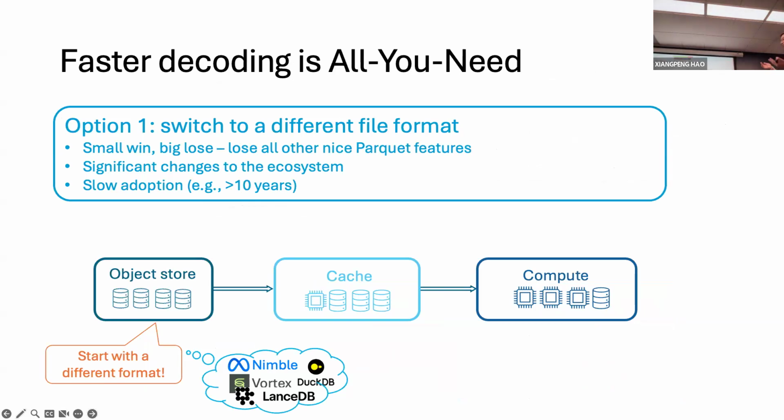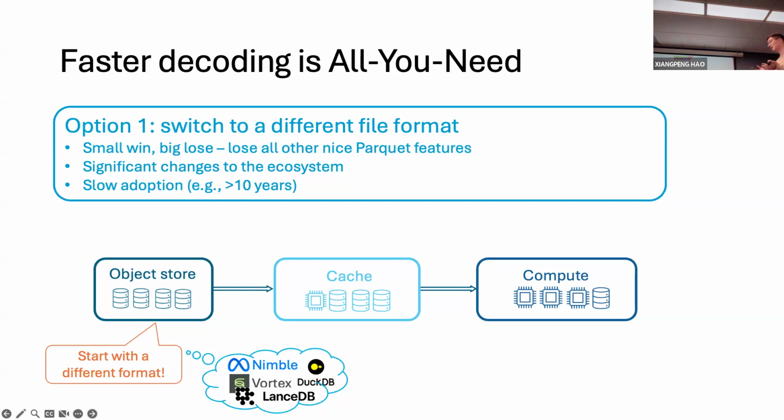So people are building different formats, but in my opinion, this is a small win, big loss, because we lose all the other nice Parquet features, and Parquet is the industry standard, meaning a lot of systems know how to operate on that file format.